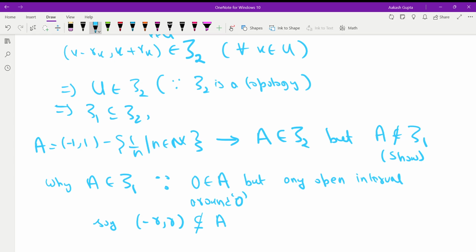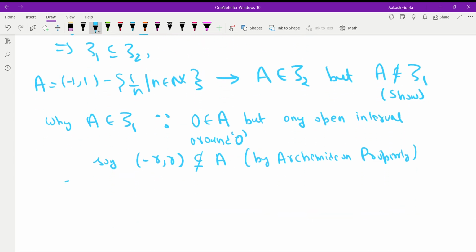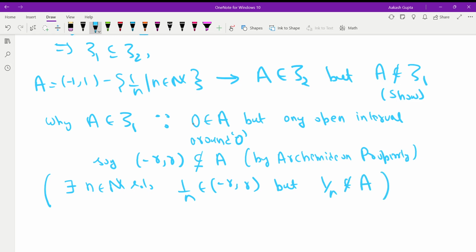These 1 upon n and all. So by the Archimedean property, you can complete the argument. That there exists n in N such that 1 upon n belongs to minus r to r, but 1 upon n does not belong to A. So that's one. This is just straightforward by the Archimedean property.